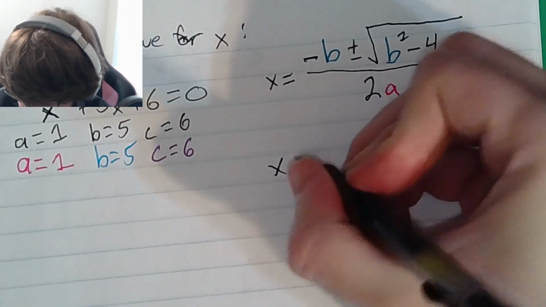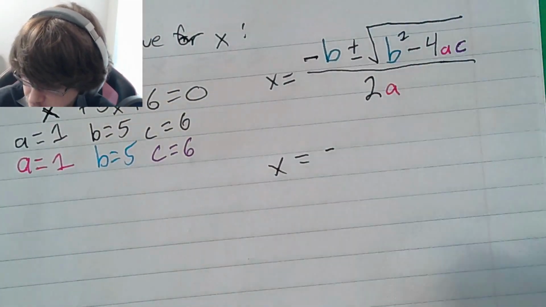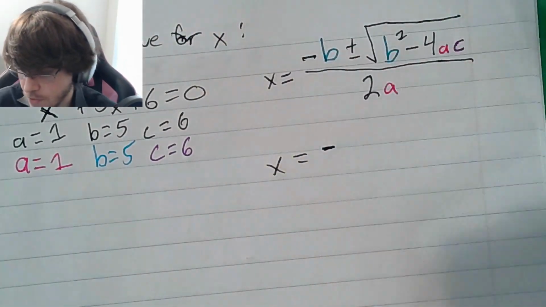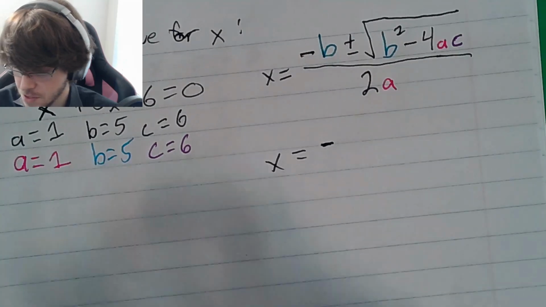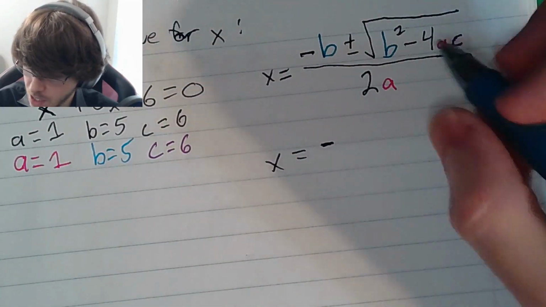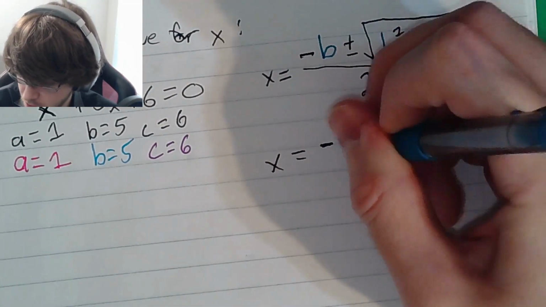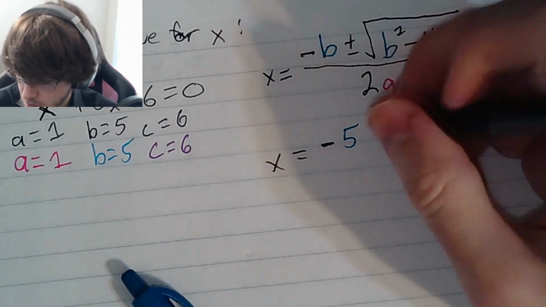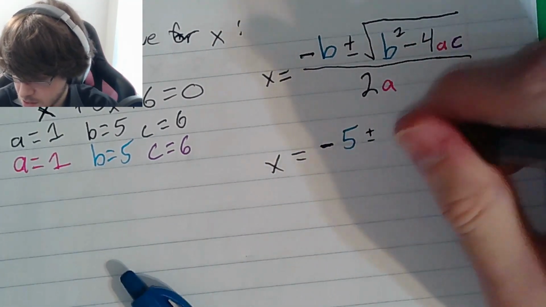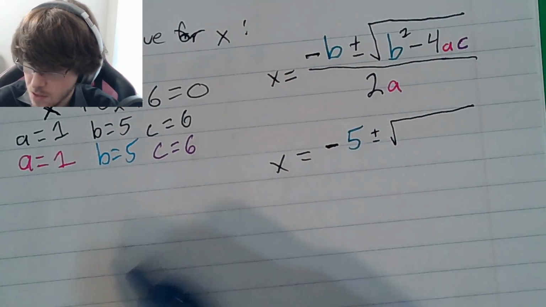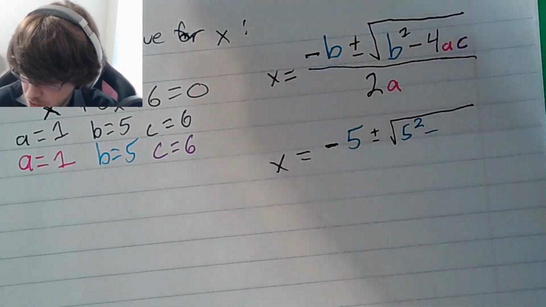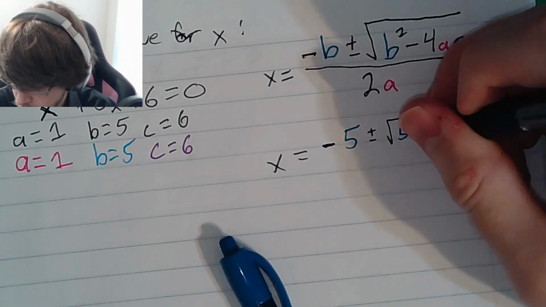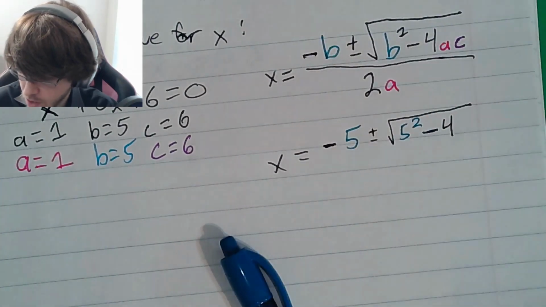So x is going to be equal to negative. And if you put parentheses around it, sometimes it helps to remind you what's going on. So you don't need to, but you can. I'm not going to on this one. So we got -5 plus or minus the square root of 5 squared minus 4.